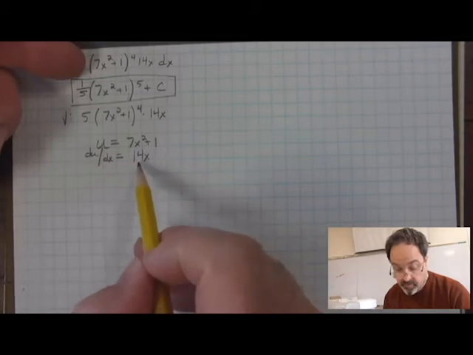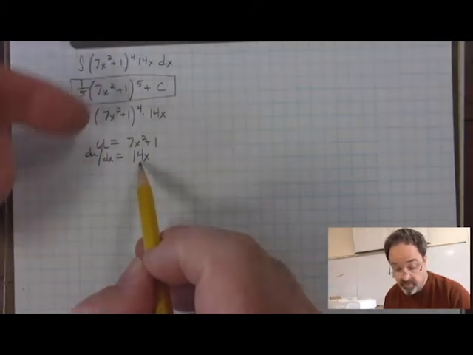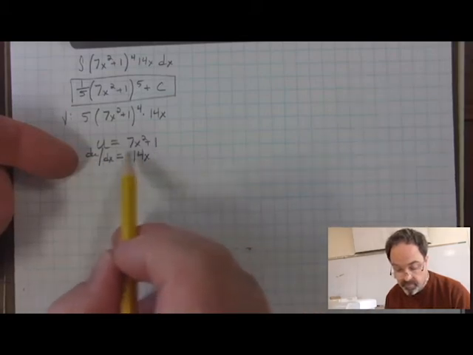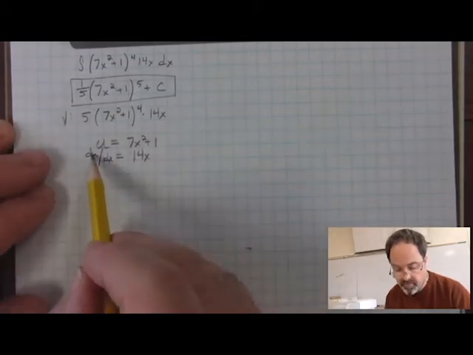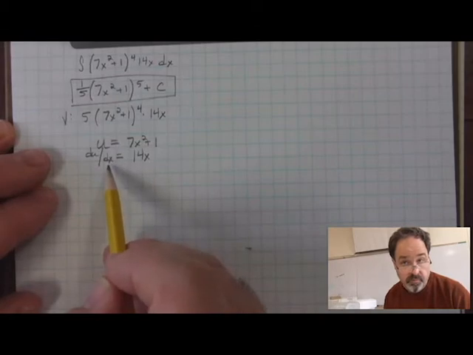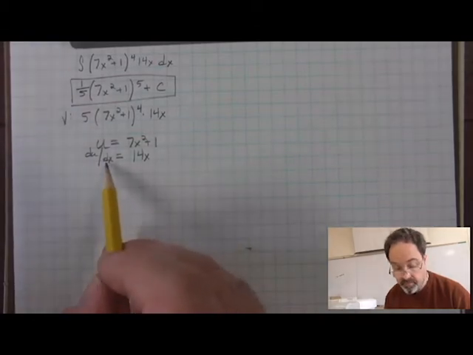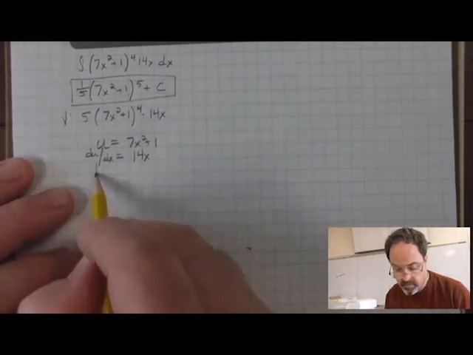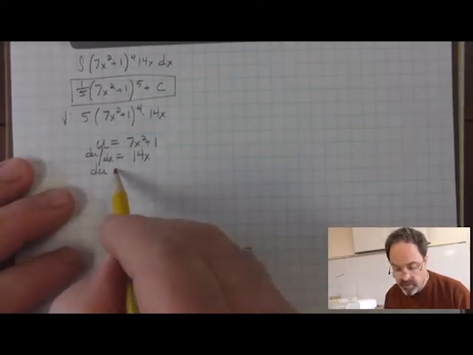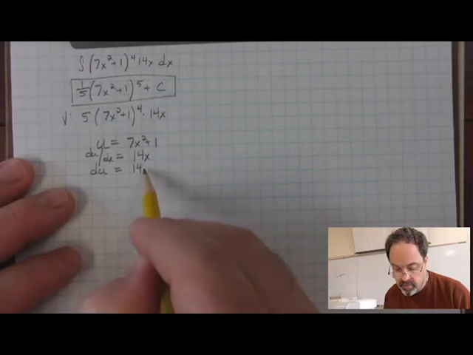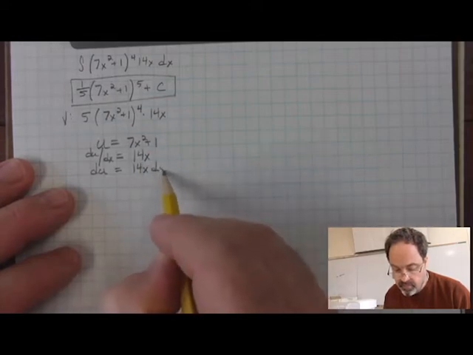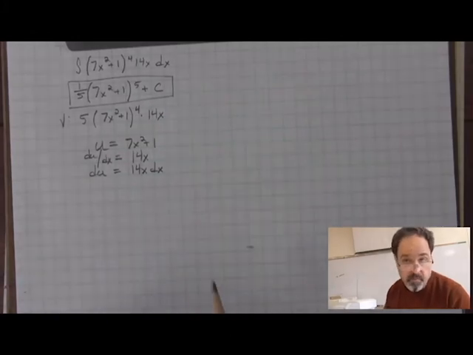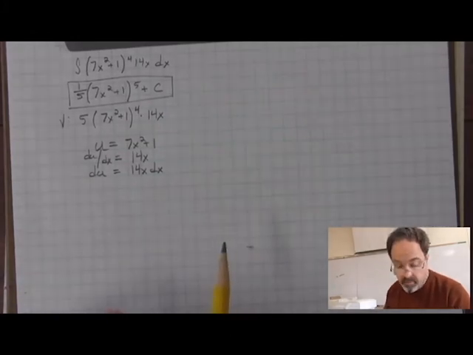I now have this 14x that can be substituted with the du dx. But I'm going to modify this one step further by separating this notation for the derivative. I'm thinking of this as a fraction now, and I'm going to multiply both sides by dx. When I do, I get du by itself, and on the other side, I have 14x times dx, or I can think of it like I'm multiplying by the dx.